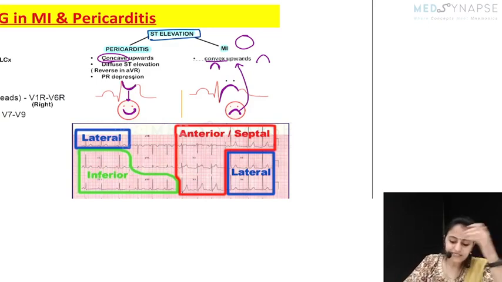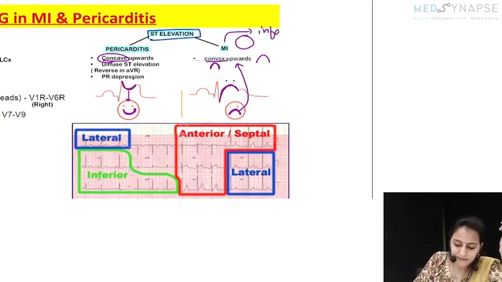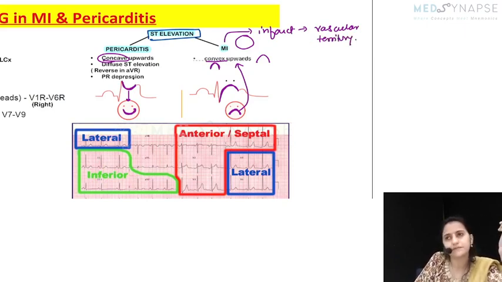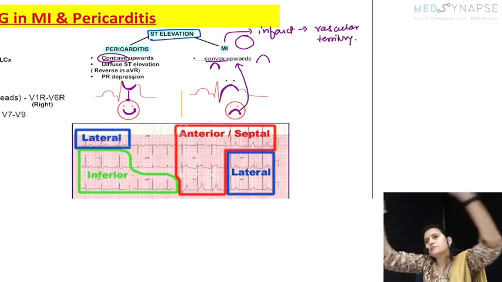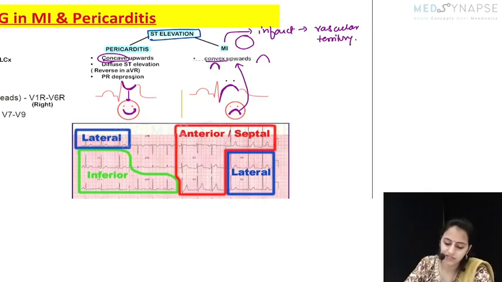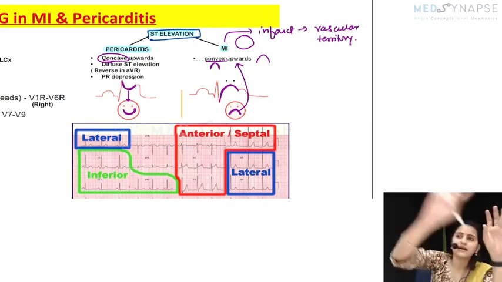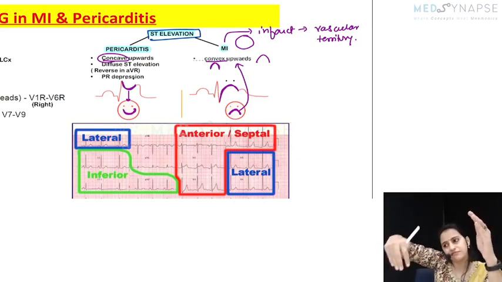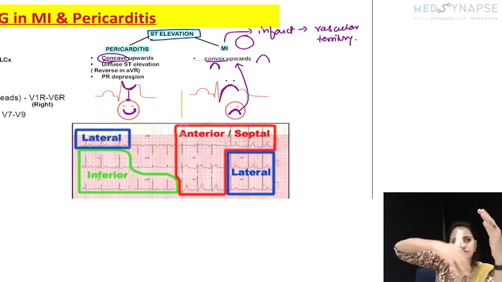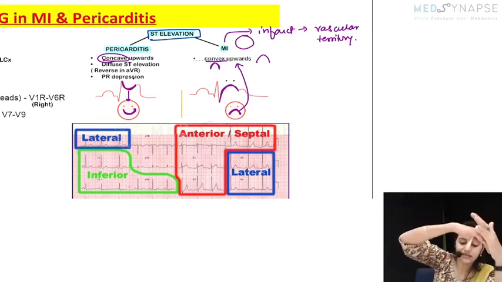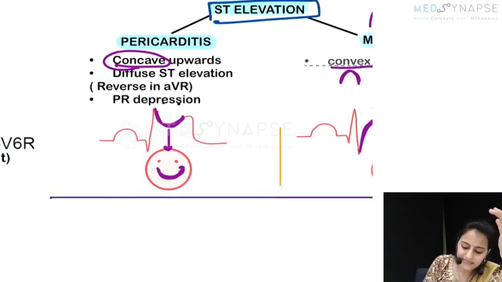The other difference is MI is the infarct, and infarct is basically vessel block. So it is vascular territory limited. In MI it will not happen that you would see ST elevation in random leads. It is limited to the vascular territory. While in pericarditis, when the pericardium is inflamed, inside it is the myocardium. The entire myocardium is getting affected, and that is why the ST elevation is diffuse.